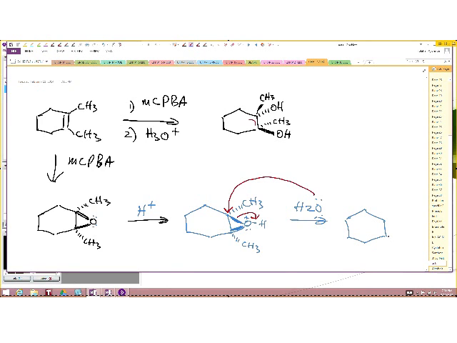So now you have that open up, so that you have this here. And then the water comes from behind. We also have this here.